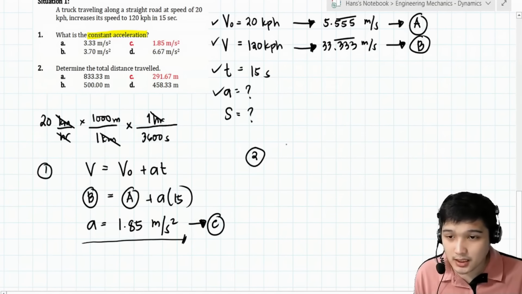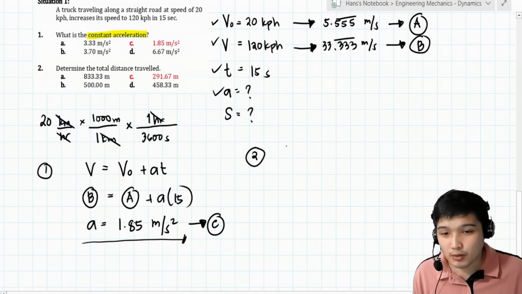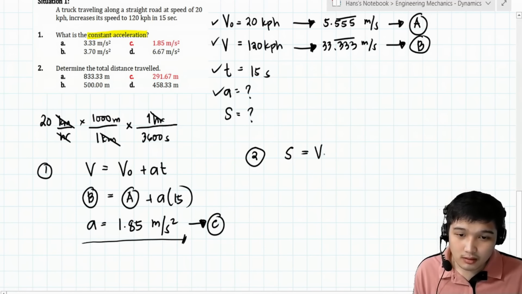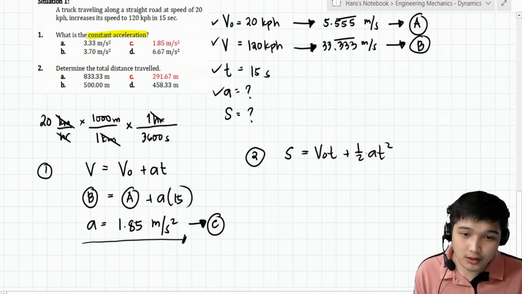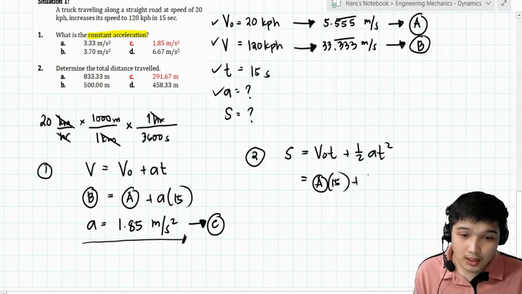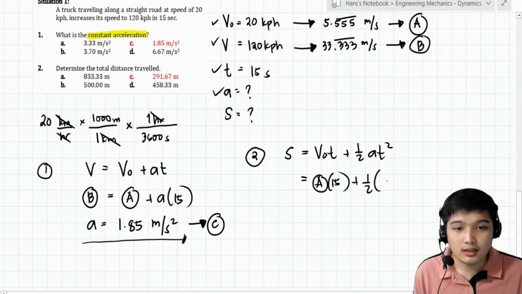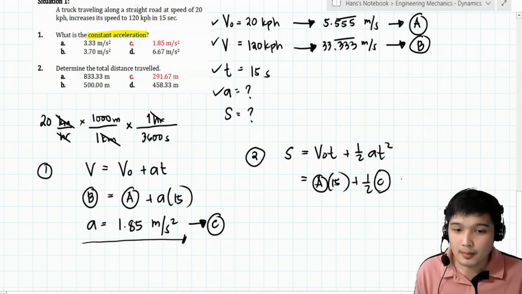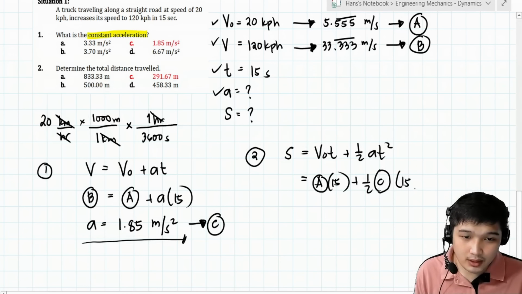Displacement or distance S. So, anong formula yung gusto mong gamitin? So, you can actually use any formula, no? Pwedeng yung second, which is ito, V0t plus 1/2 at squared. So, try nga, guys. Since naka-store naman yan. So, A times 15 plus 1/2. Acceleration nasan to, guys? Nasa C. And then, times 15 squared.